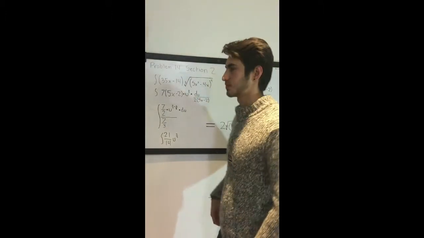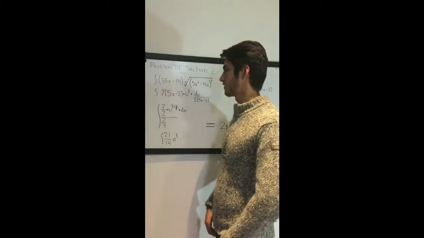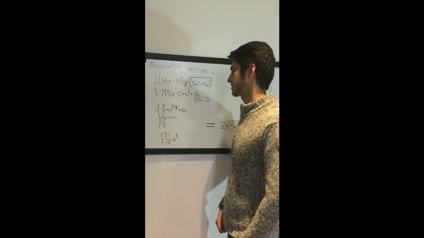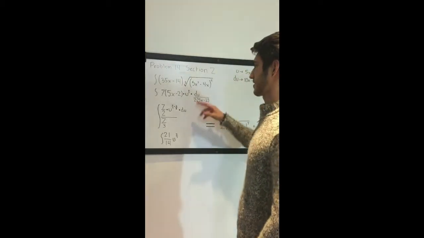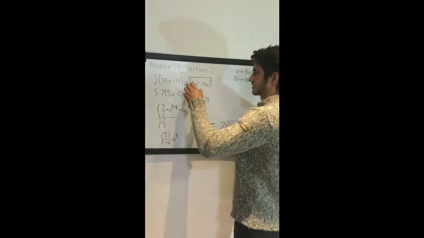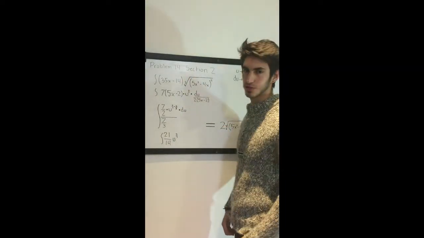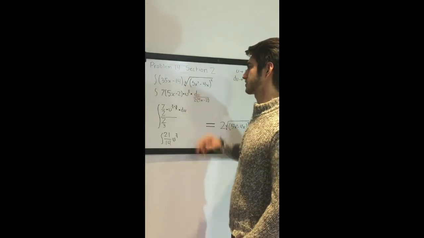Hi, this is part 2 of problem 14, section 2, where we're solving this integral that my teammate previously explained. The first thing he did was identify u. He then entered this cubic root into the parentheses, giving it a power of 4/3.